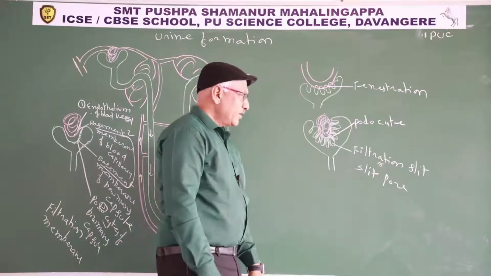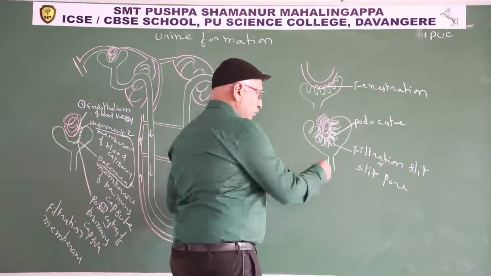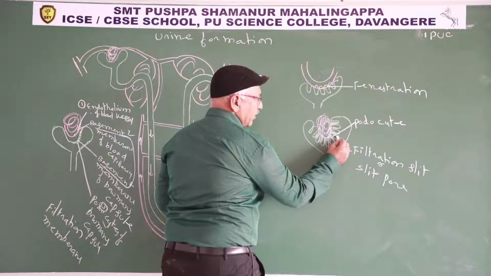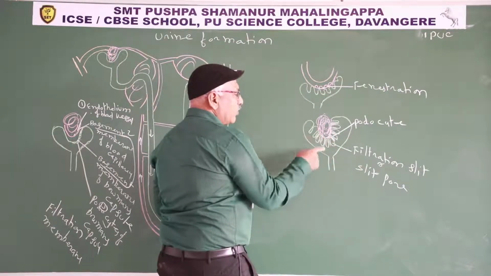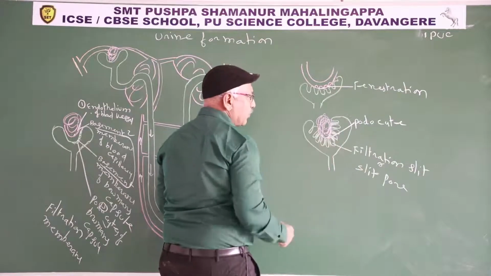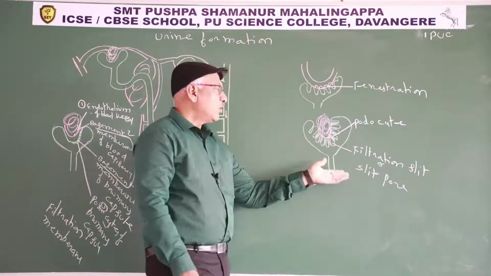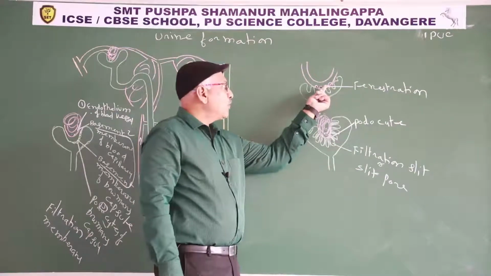What are filtration slit or slit pore? Empty places present in the podocyte. It is one podocyte. It is another podocyte. The podocytes are coiled around the glomerulus. The empty places present between the podocytes are known as filtration slit or slit pore.